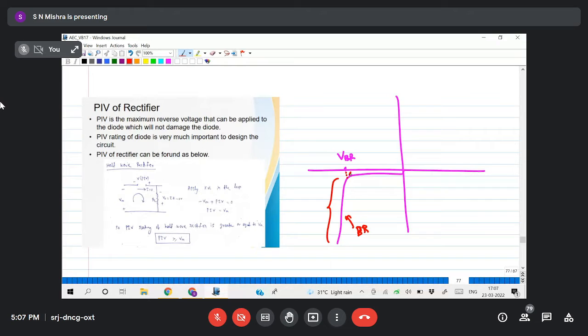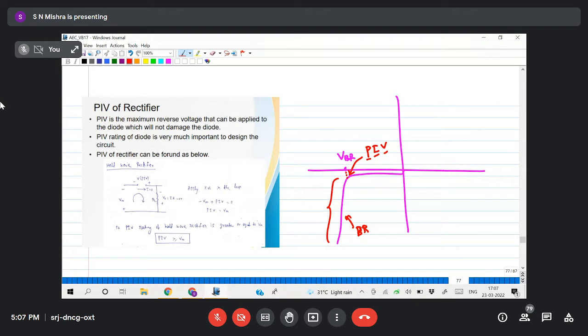Just before that, the voltage at which the diode will not burn, or can sustain, is called PIV, peak inverse voltage. Maximum means peak, inverse means the negative voltage applied so that the diode can sustain it.